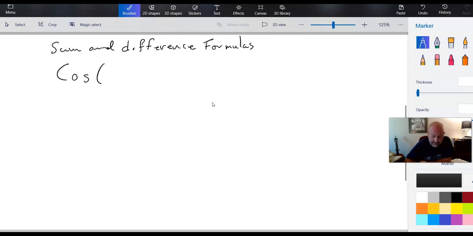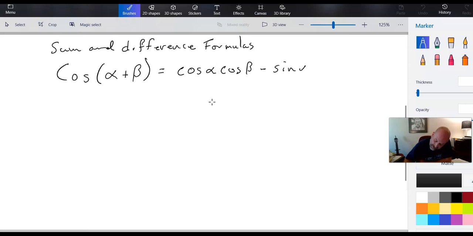Cosine, and this is what I mean by sum and difference. If we can look at an angle as the sum of two different angles, cosine of alpha plus beta, we can separate that out into alpha and beta: cosine alpha times cosine beta minus sine alpha sine beta.